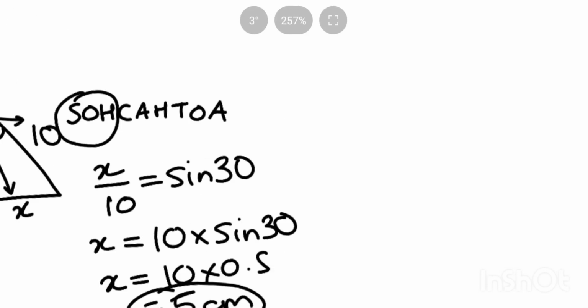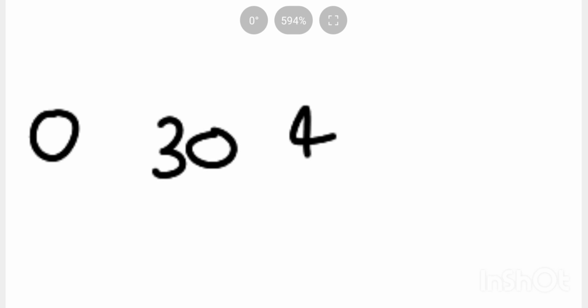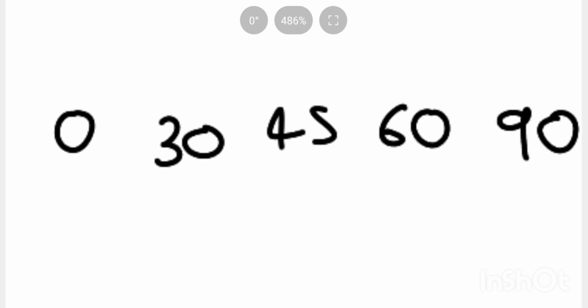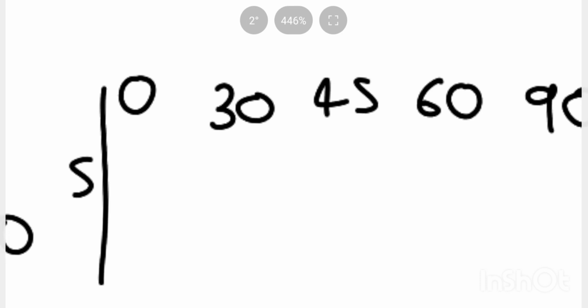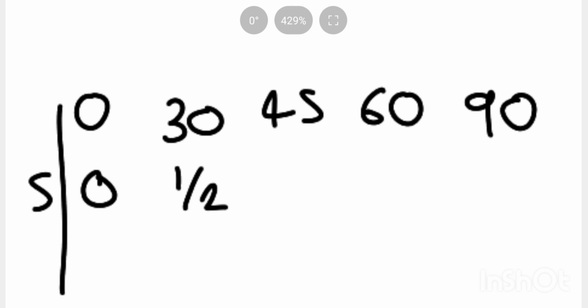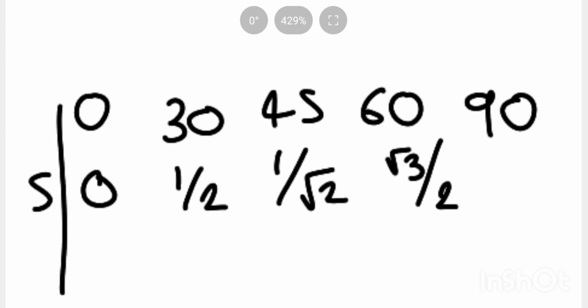If we go over that now, for the angles from 0 to 90, so 0, 30, 45, 60 and 90, the sine of 0 is 0, the sine of 30 is a half, which is what we had in our question, the sine of 45 is 1 over root 2, the sine of 60 is root 3 over 2, and the sine of 90 is 1.